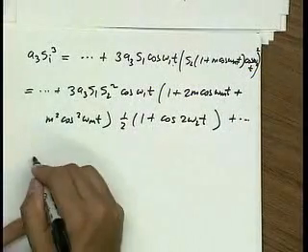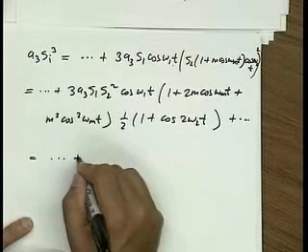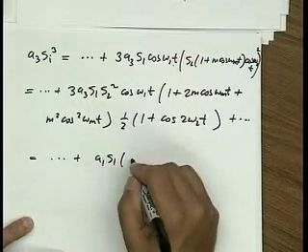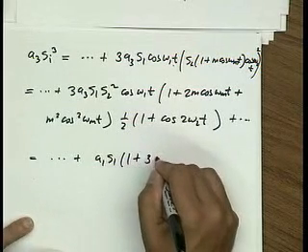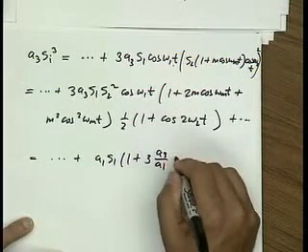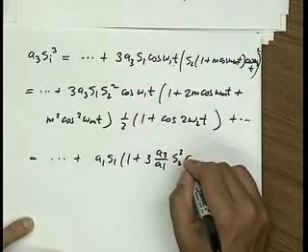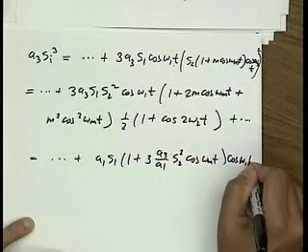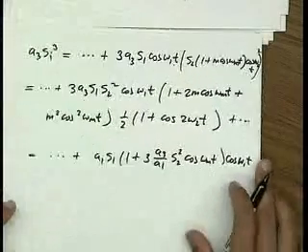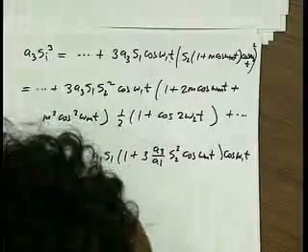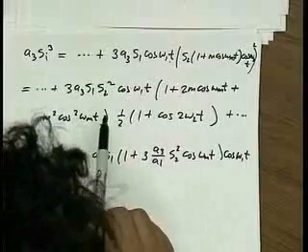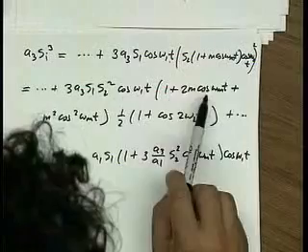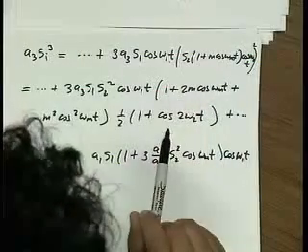And so now we're going to group the relevant terms, and we'll see a1 s1 times 1 plus 3 a3 over a1 s2 squared cosine omega mt times cosine omega 1t. Okay, so looking at this, we can see that I have this fundamental being multiplied by 1 plus this modulation term.